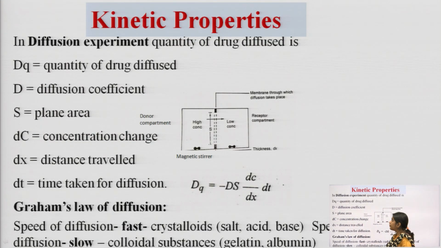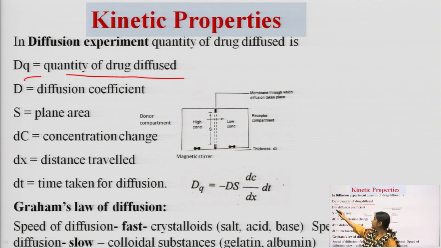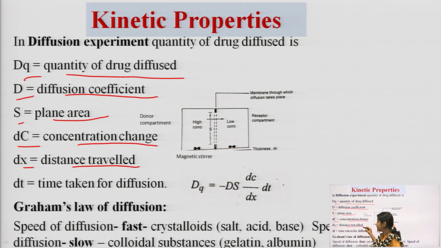Now, in a diffusion experiment, dQ is the quantity of drug diffused, D is the diffusion coefficient, S is the plane area, dC is the concentration change, dx is the distance travelled, and dt is the time taken for diffusion.